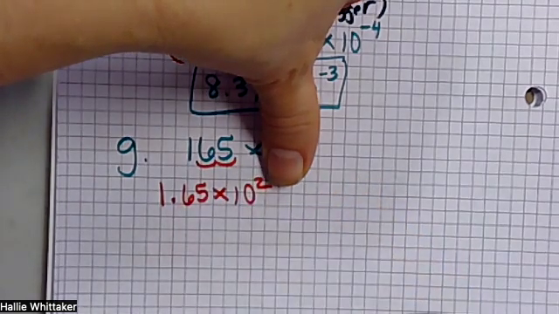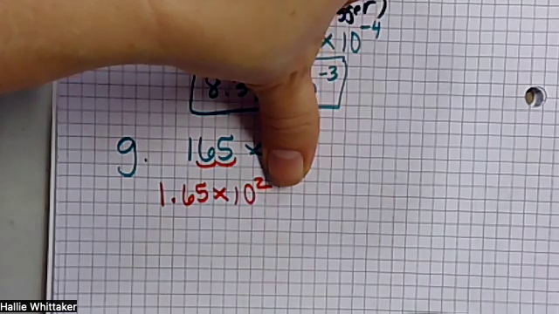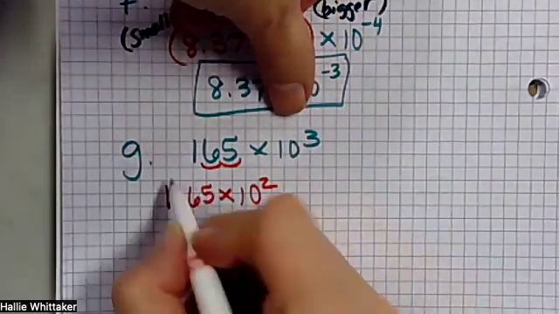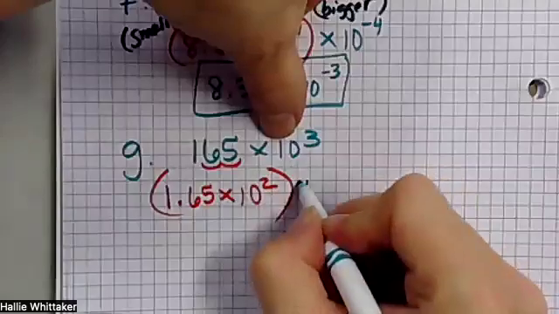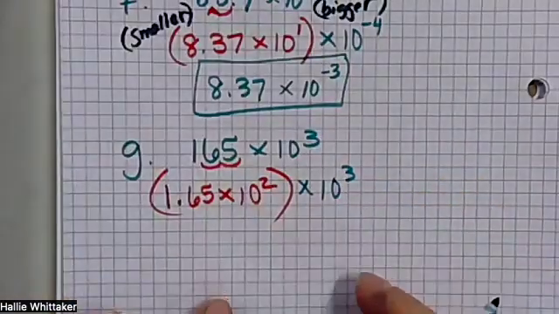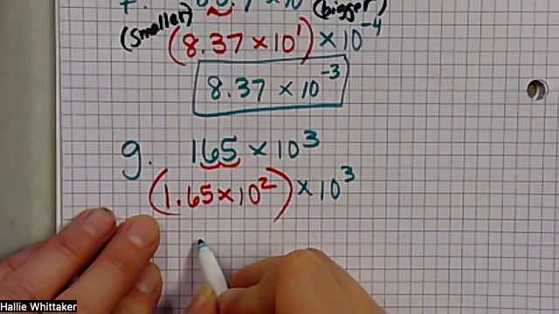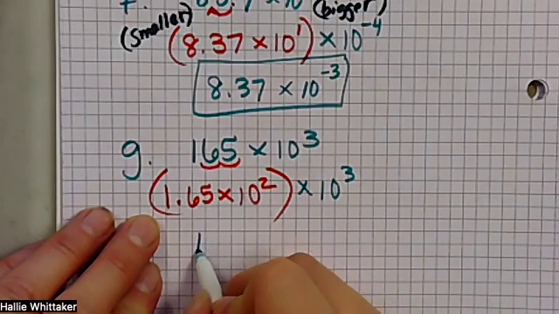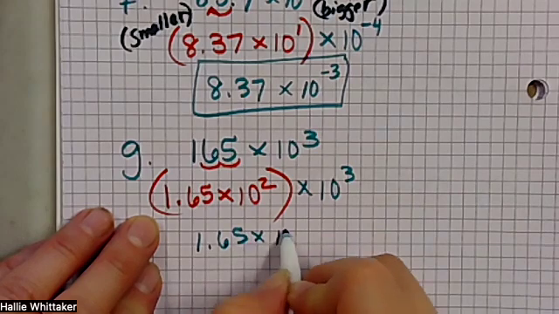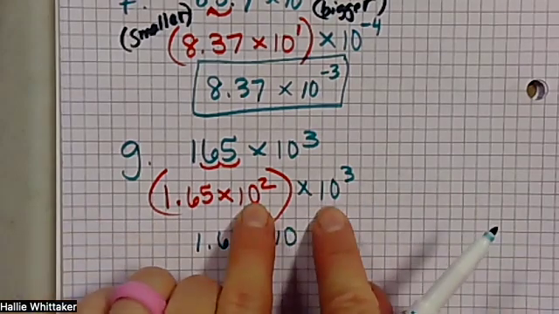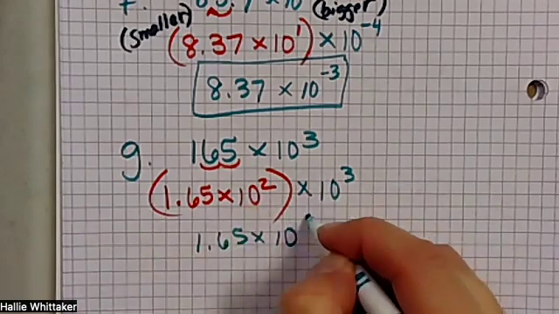So it's 1.65 times 10 squared. Now, let me put that in parentheses. Don't forget about your times 10 cubed. And so now let's wrap this up. Am I going too fast, y'all? Okay, 1.65 times 10 to the, what's 10 squared times 10 cubed? There you go.